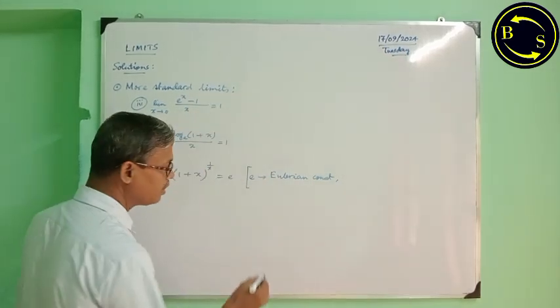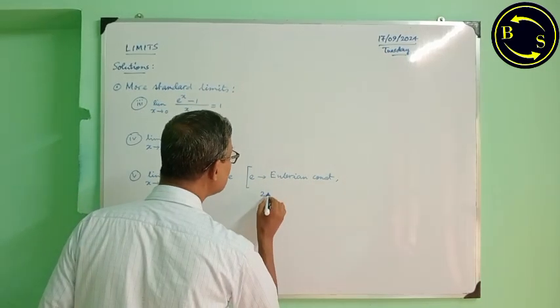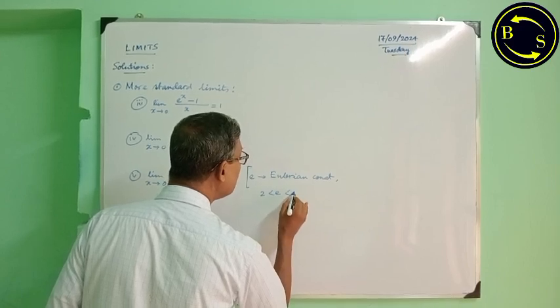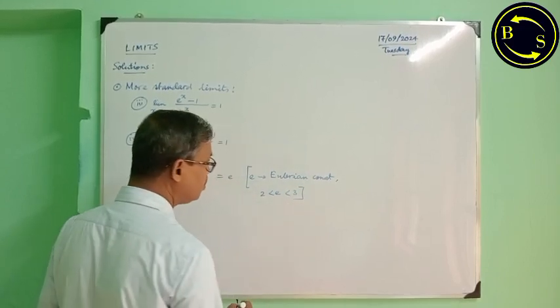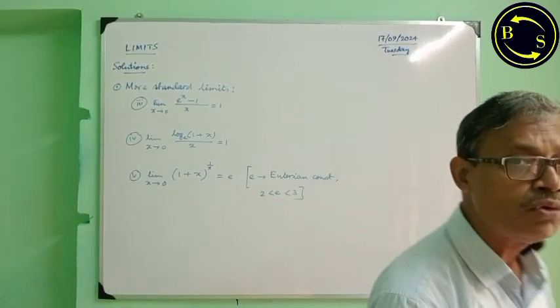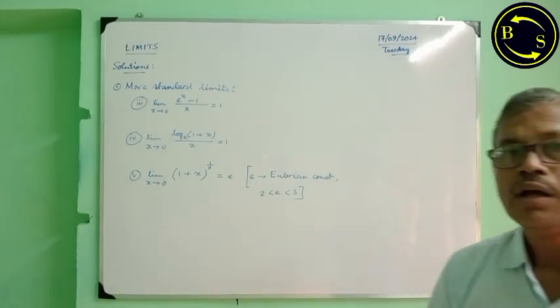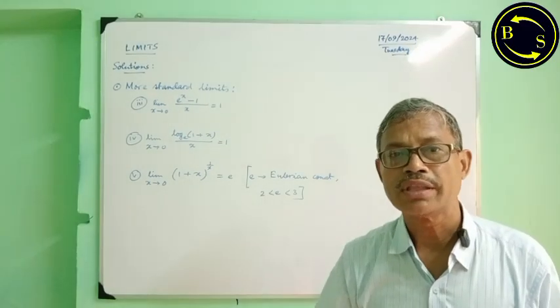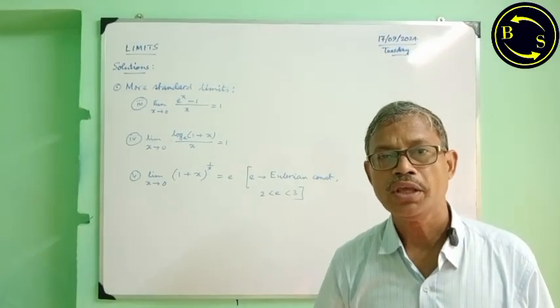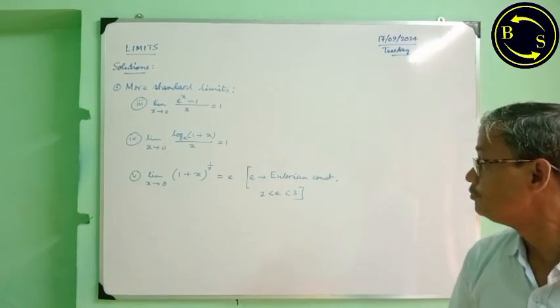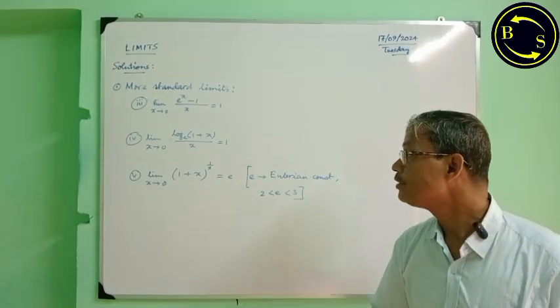Later you will learn that the value of e is due to the name of the most famous mathematician Euler, E-U-L-E-R, Eulerian constant.